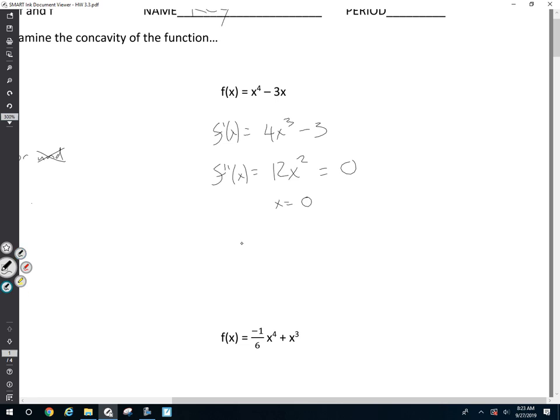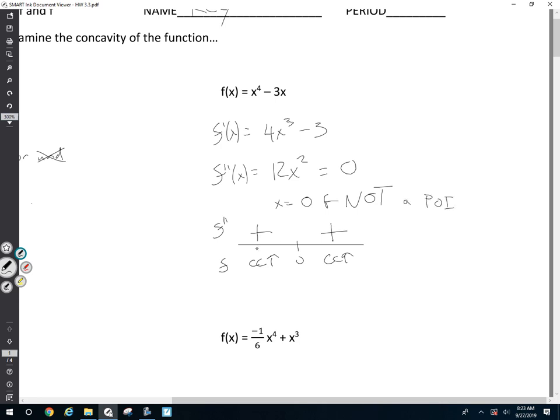But in this situation, I'll have a function that really flattens out, and a point of no concavity, but we're going from concave up to concave up because the signs of the second derivative are positive and positive. Not a point of inflection.